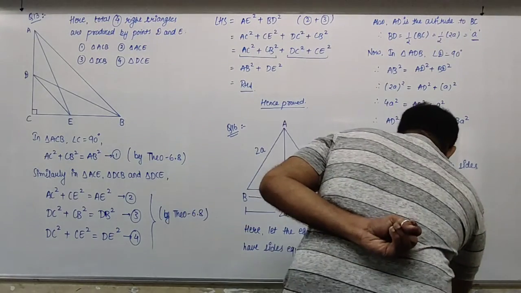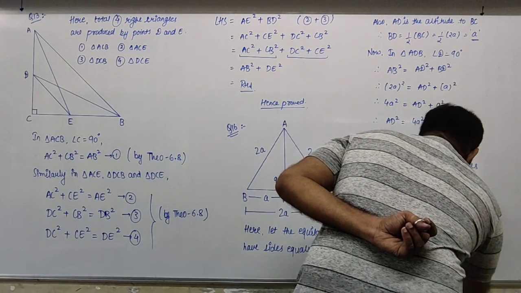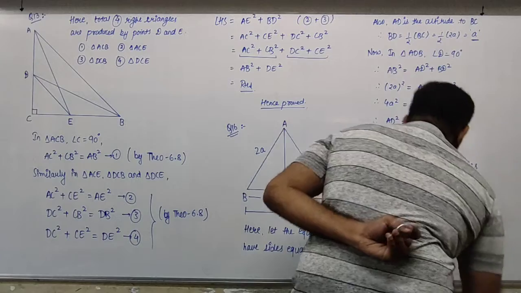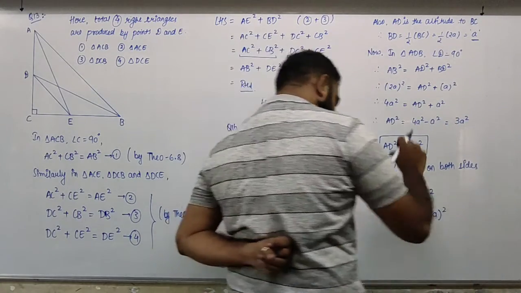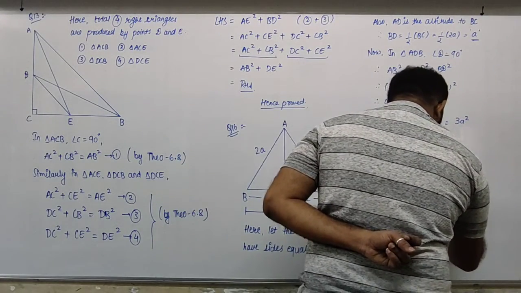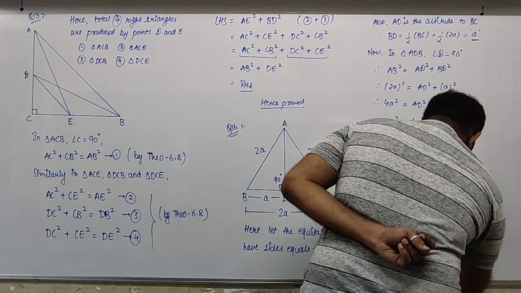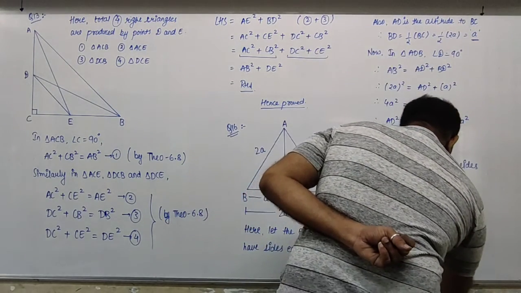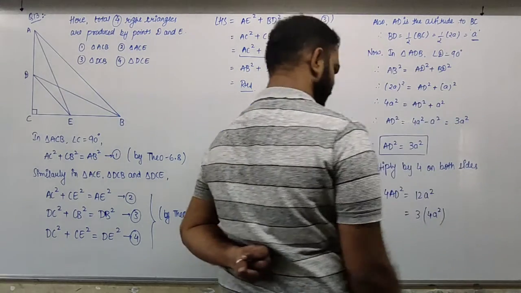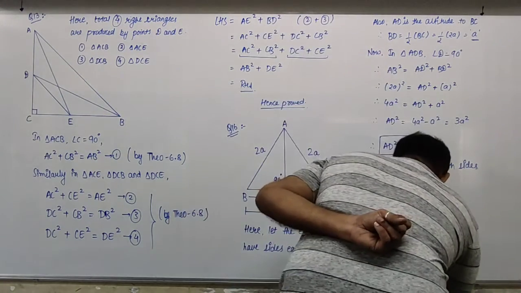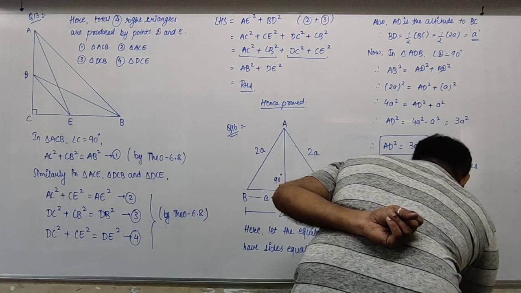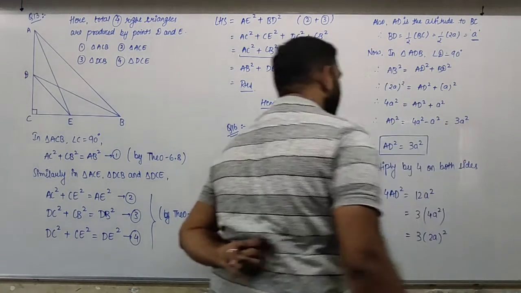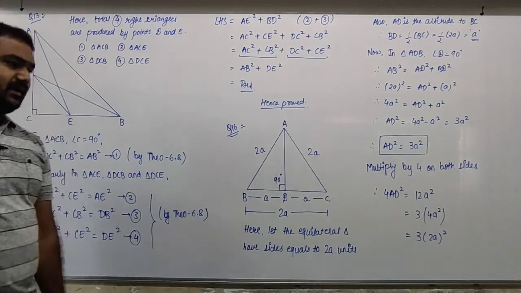This 12 I can write as 3 multiplied by 4a square, and 4a square is 3 multiplied by 2a whole square, right?